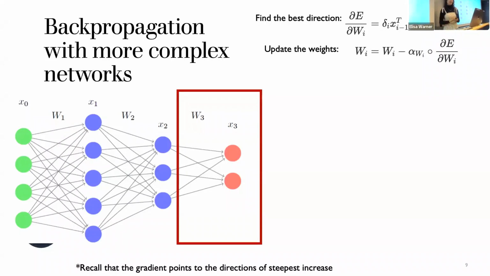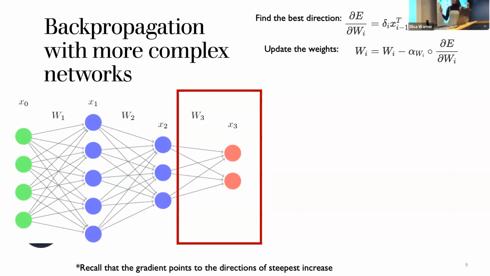And so we might do something like gradient descent, also known as steepest descent. And there are 2 core steps in a gradient descent algorithm. We want to, 1, find the best direction, and finding the best direction means calculating a derivative or a gradient.